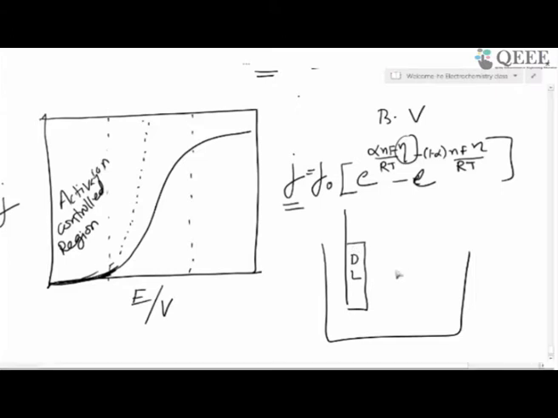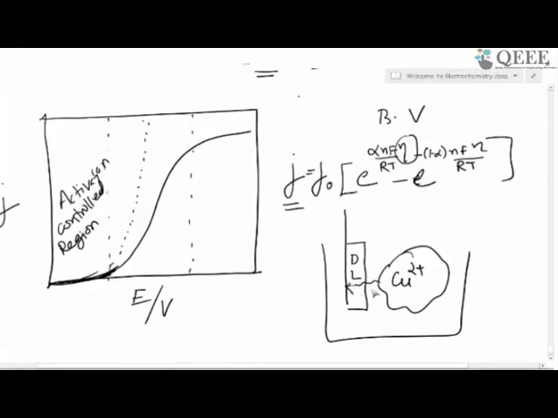Suppose you want to reduce a cation, for example copper 2+, which exists in the solution with its hydration sphere, because every cation or anion in the solution will have its hydration or solvation sphere, depending on whether it is water or some other solvent. If I have to reduce this cupric ion, it has to go through the electric double layer and then reach the electrode.